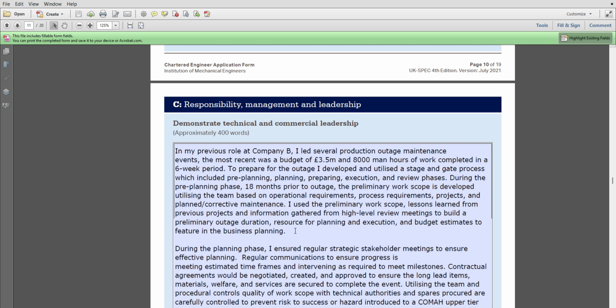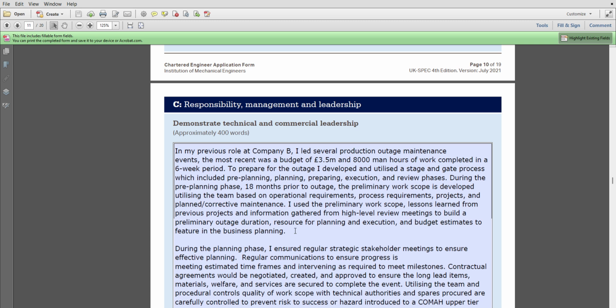In my previous role at Company B, I led several production outage maintenance events. The most recent was a budget of £3.5 million and 8,000 man-hours of work completed in a 6-week period.